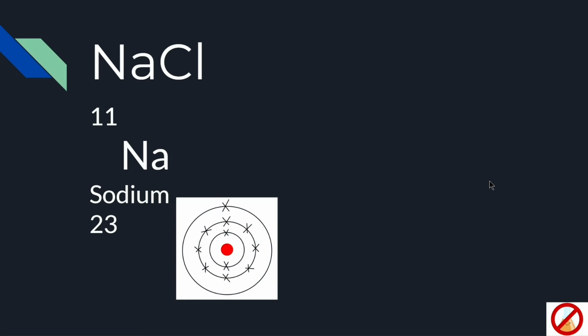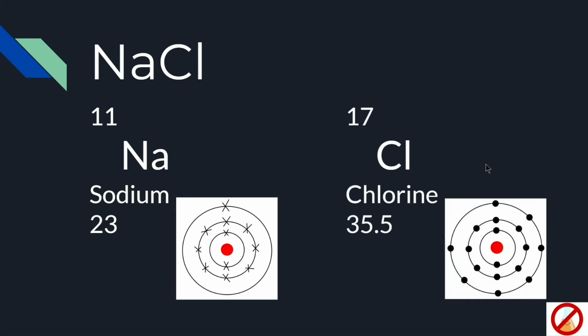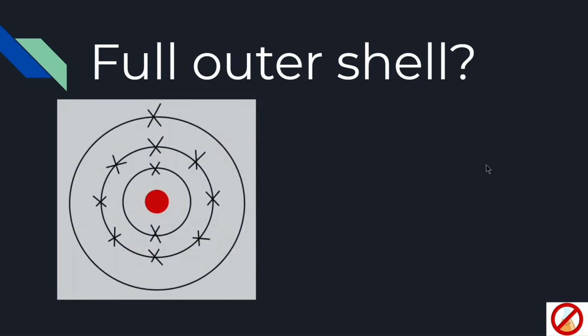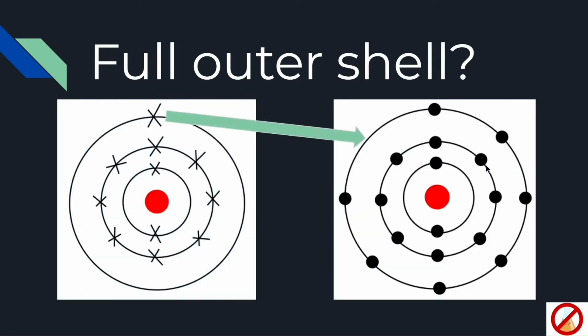From the previous video, if you have watched it, if you haven't, I'll put the link in the description, you should be confident that when we talk about something like NaCl, sodium chloride, we have sodium and chlorine. In order to obtain a full outer shell for both elements, sodium gives away one electron to chlorine and they form ions.